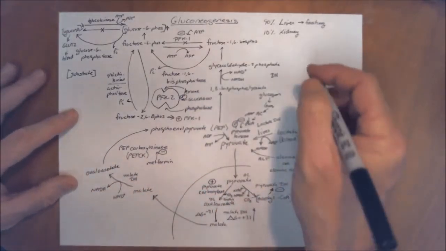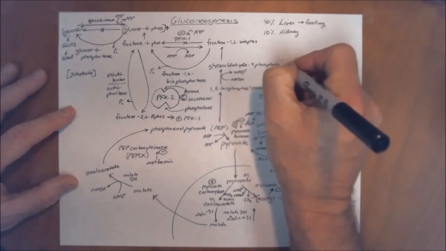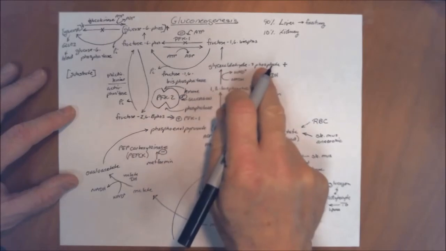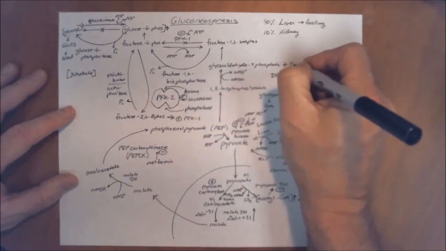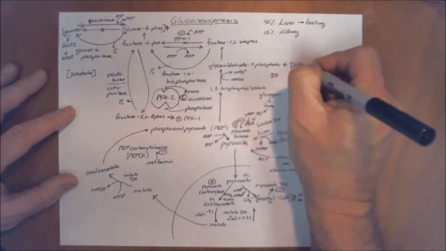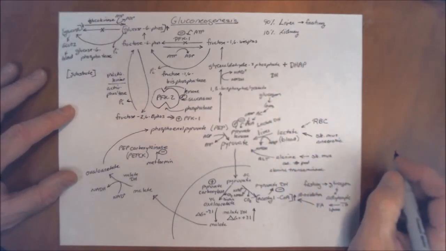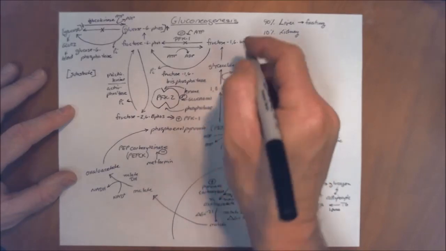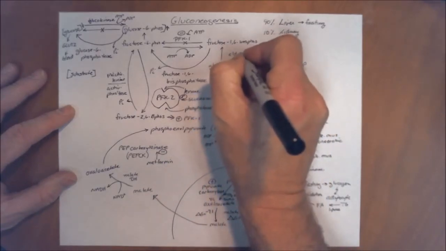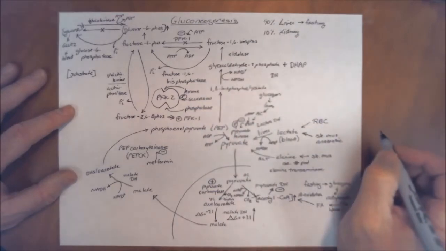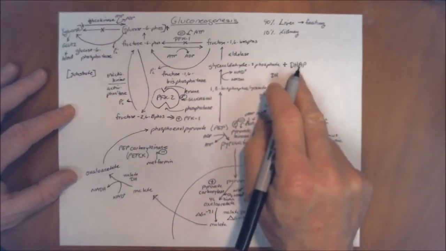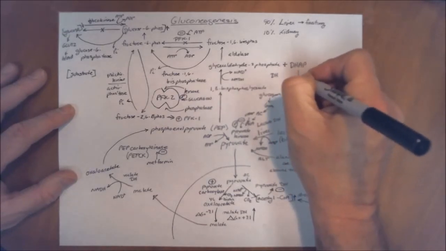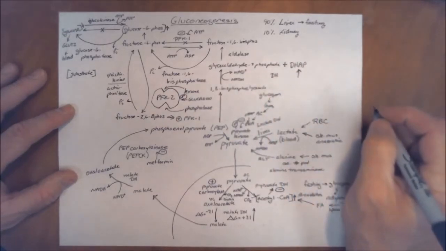Now one more point we have to take into consideration is back here in glycolysis, we have the reaction of glyceraldehyde 3-phosphate and dihydroxyacetone phosphate, DHAP. The reverse of this reaction is the aldolase. DHAP at this point is very important because this is another source for gluconeogenesis.